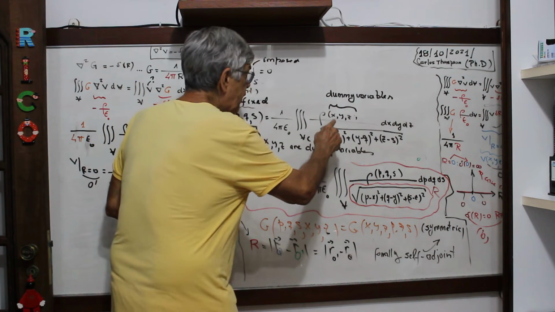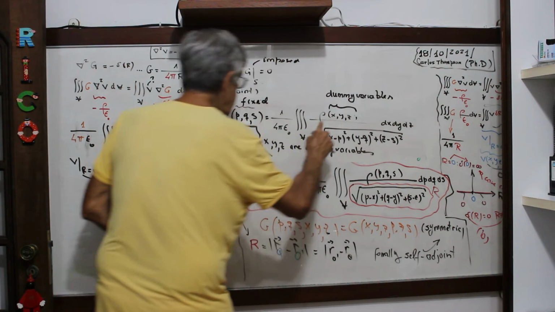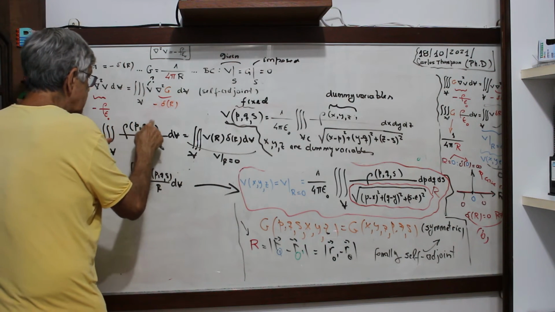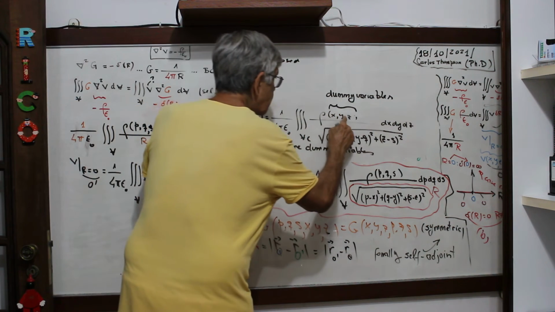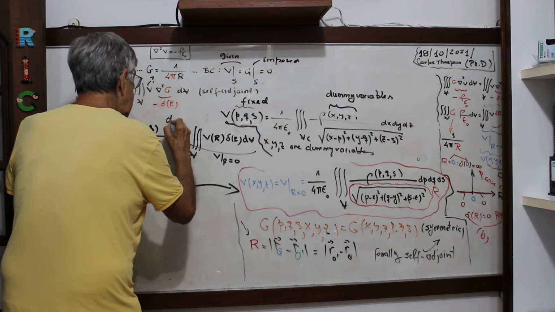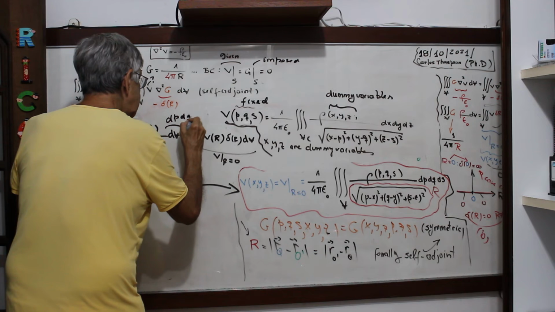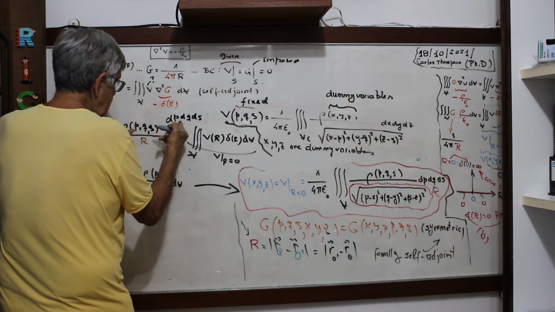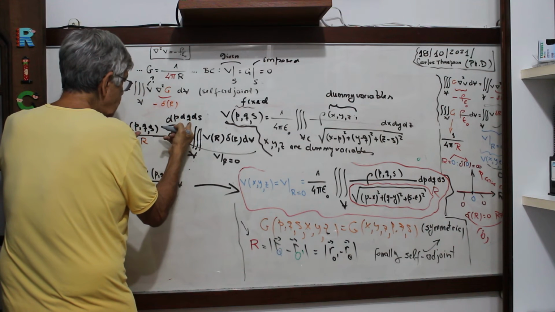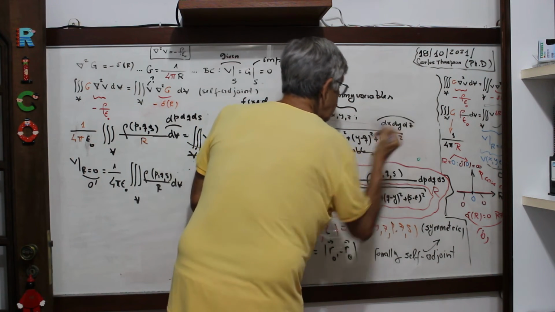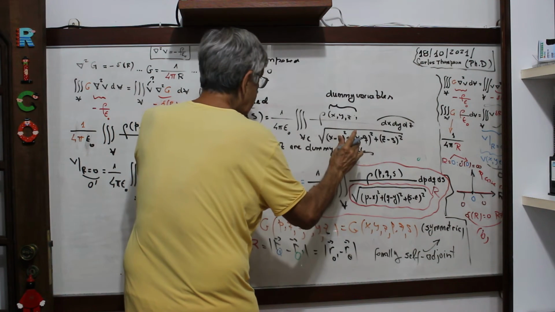Now, if I exchange the rho by X, Y, and Z, instead of dP, dQ, dS, I will exchange P by X, Q by Y, and S by Z. I just have this volume over here. Doesn't matter.